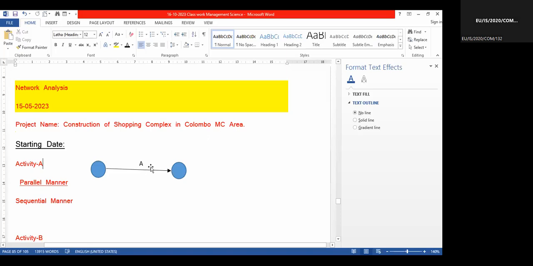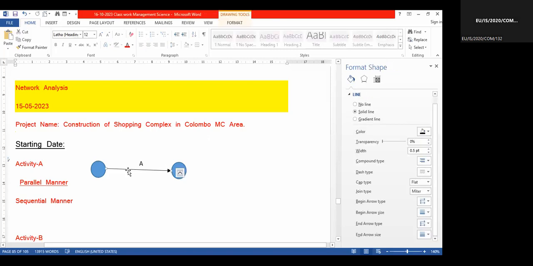A is a preceding activity, a pre-activity. But A can start immediately from an event. There is no pre-activity for A, so A can directly start.